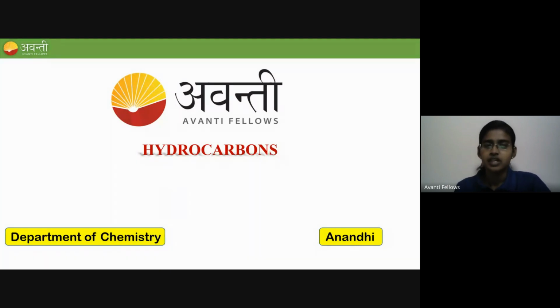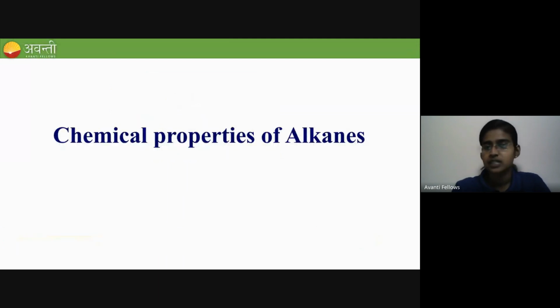So we will continue with hydrocarbons. Yesterday we saw the physical properties of alkenes and the preparations of alkenes, right? Today, as I have told you, we are going to see the chemical properties of alkenes.